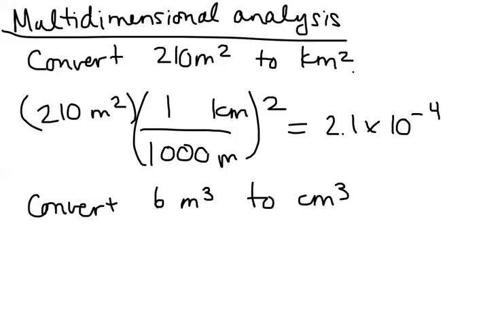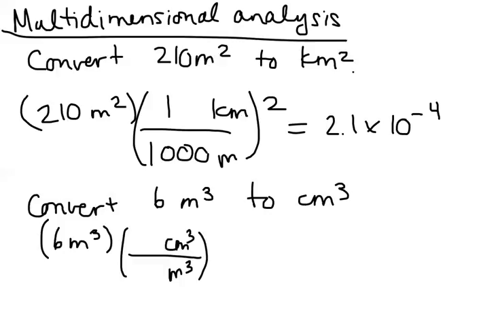I'm going to start with 6 meters cubed. What goes on the bottom? Meters cubed. You have to get rid of that exponent too. So meters cubed goes on the bottom. And then what goes on the top? Centimeters cubed. And now what can you do with that cube? Pull it outside of the parentheses.